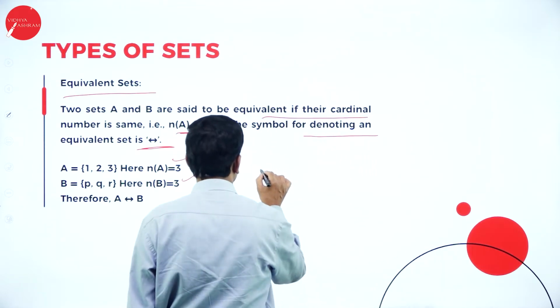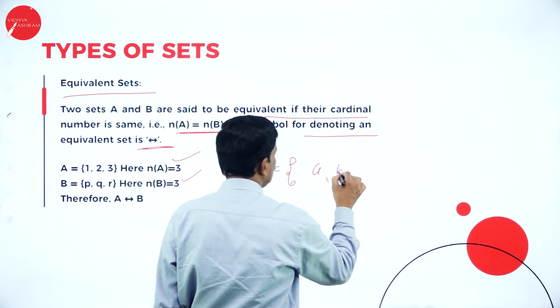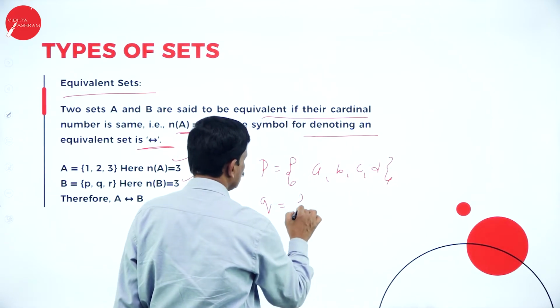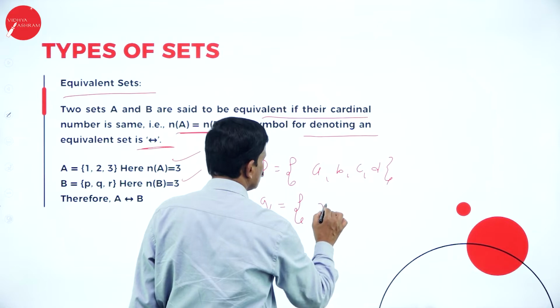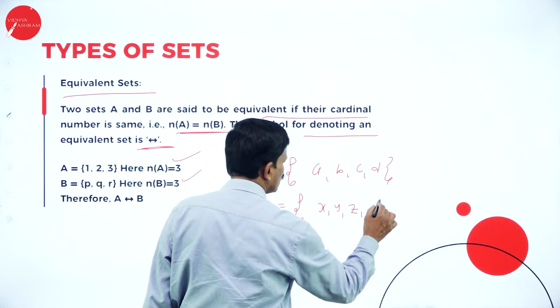Now let us take one more example. Let P = {A, B, C, D} and another set Q = {X, Y, Z, L}. Here n(P) = 4 and n(Q) is also equal to 4. So n(P) is equal to n(Q).